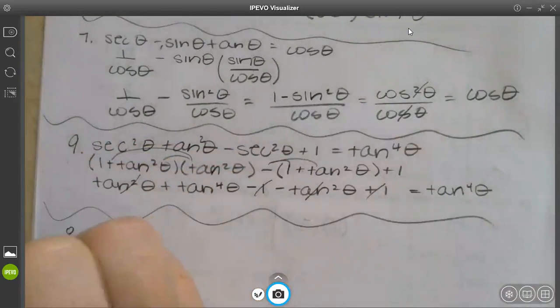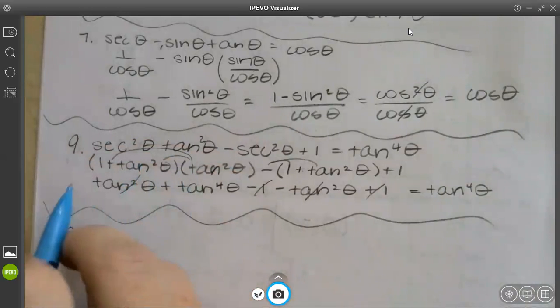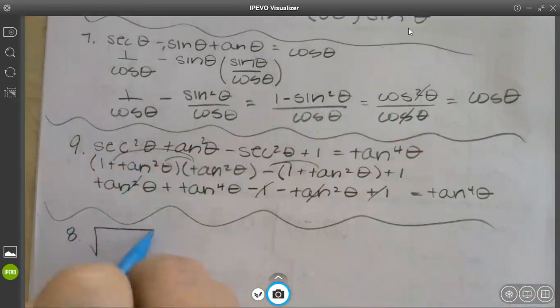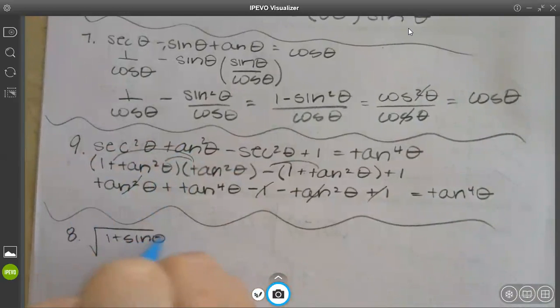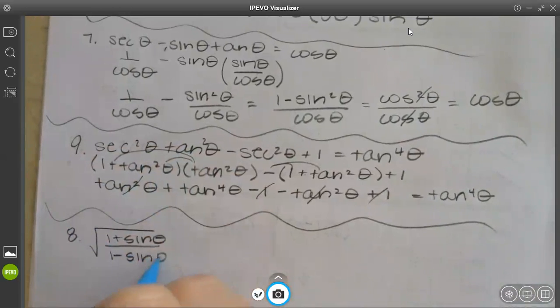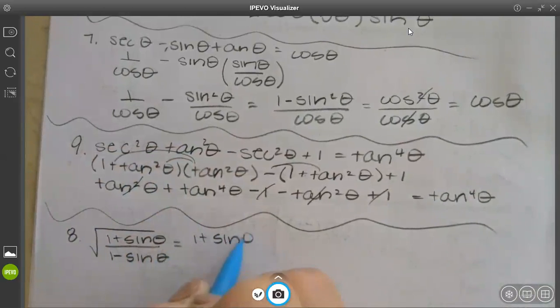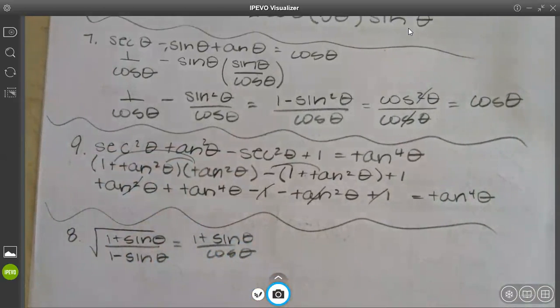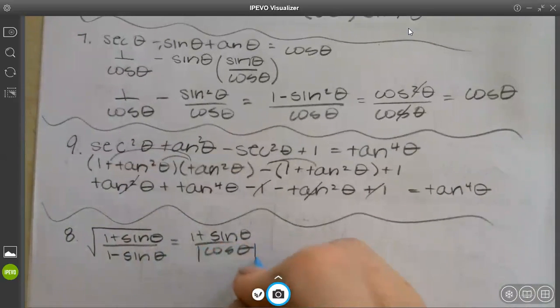All right, number 8. The square root of (1 plus sine theta over 1 minus sine theta) equals (1 plus sine theta) over the absolute value of cosine theta.